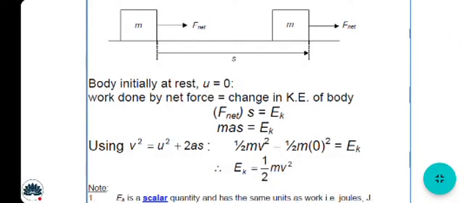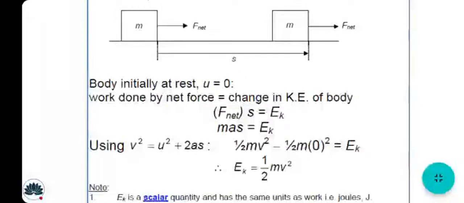Now, from mass multiplied by acceleration multiplied by distance, you keep the value of as, acceleration multiplied by displacement, and substitute it: half m v squared minus half m u squared is equal to the kinetic energy change. But what is the value of u?